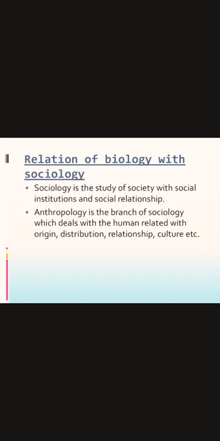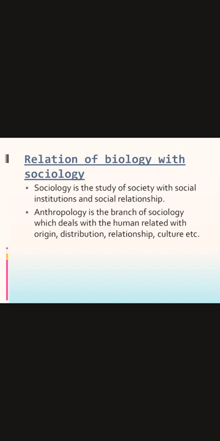And the next one is the relationship of biology with sociology. Sociology is the study of society with its social institutions and social relationships. Here we are also thinking about the ecological balance, which also relates to social relationships or society.